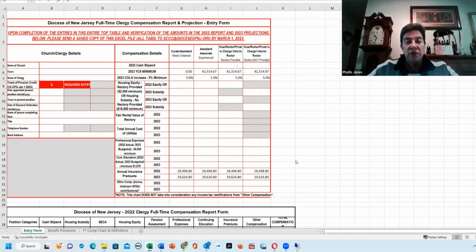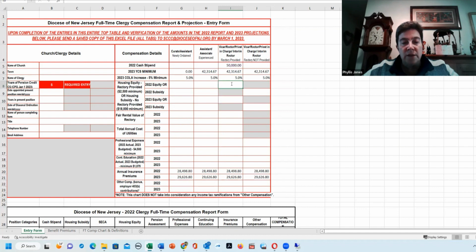Let's use numbers, because I always find it easier to think of things in terms of numbers. In the example I used, if in 2022, when you did this form, you said your cash stipend was $50,000 and your housing subsidy was $20,000, then that's what you should report here.